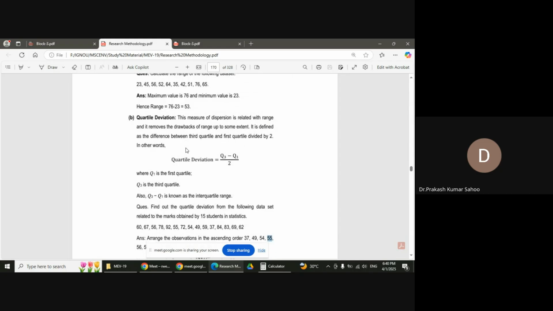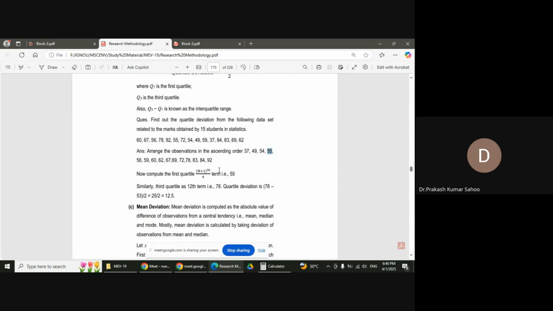So n equals 15, 15 plus 1 by 4, it becomes 16 by 4, that is 4. That means it is the fourth term, 1 2 3 4. So 55 will be the first quartile, not deviation, it is the first quartile for this set of data.